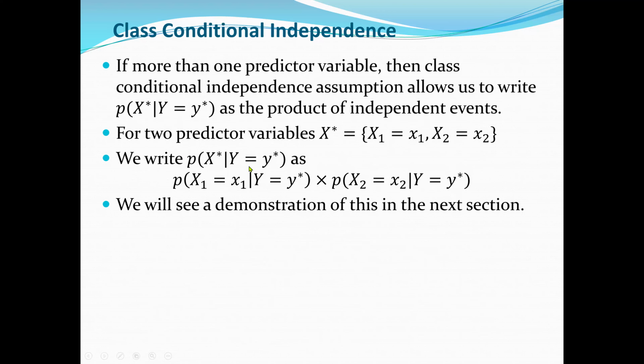For the two predictor variables in X star, we have X1 equal to x1 and X2 equal to x2. We can write the probability of X star given Y equal to Y star as the probability of X1 equal to x1 given Y equal to Y star, times the probability of X2 equal to x2 given Y equal to Y star.